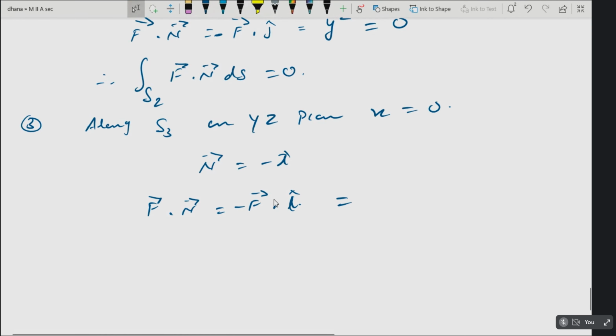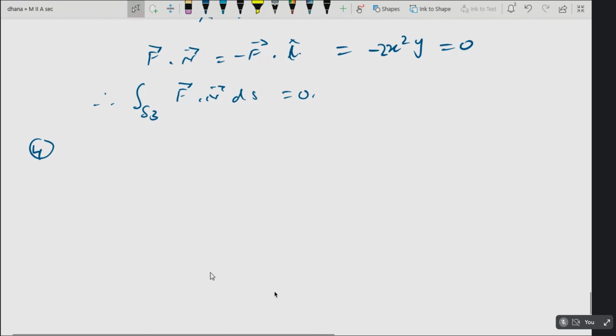First term itself, what do you have? 2x square y, dot product with a minus sign. But what will happen? We have taken x is equal to 0, so this is also 0. Therefore, again, on S3 on the YZ plane, f bar dot n bar ds is again 0. So, all three integral values are 0.